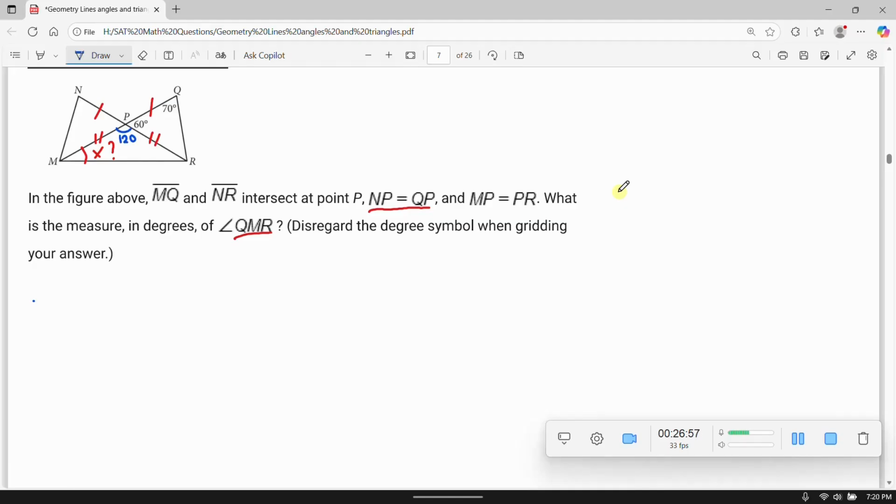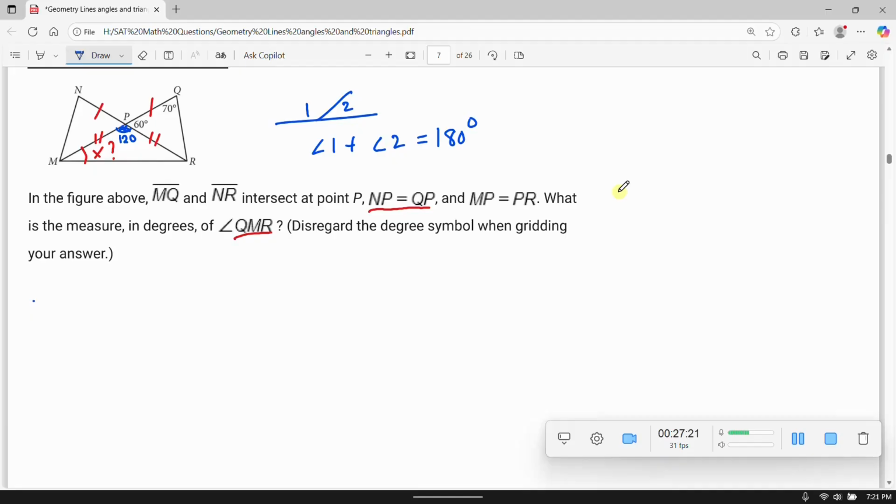Again, if you have a straight line, it always adds up to 180. So let's say this is angle number one and angle number two, then angle number one plus angle number two always adds up to 180. So we have that the angle P on the inside is 120 degrees.